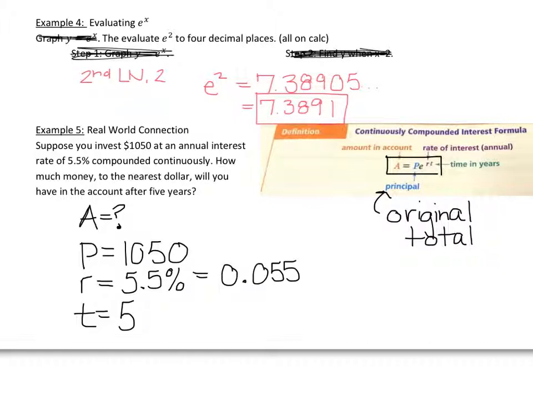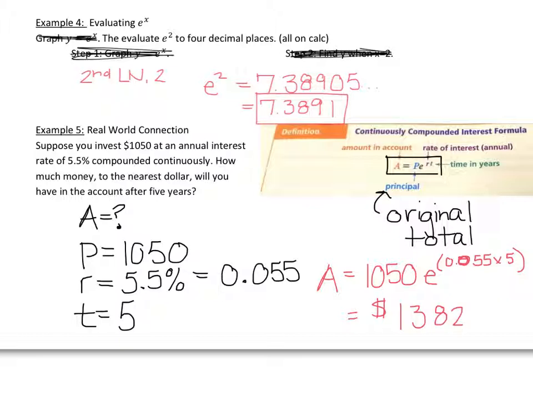So in your calculator, you're going to figure out what A is by plugging in 1050 e to the 0.055 times 5. And that should give you your amount.